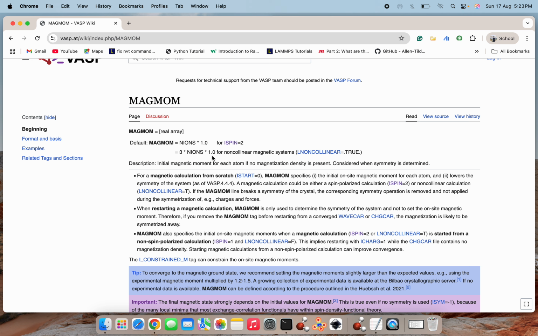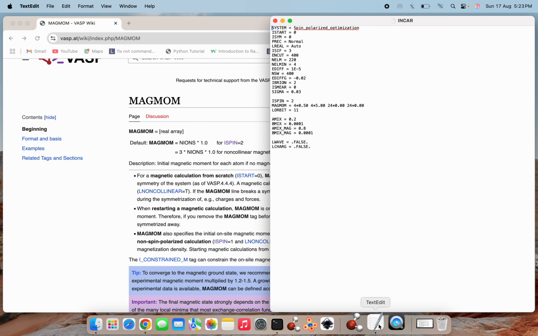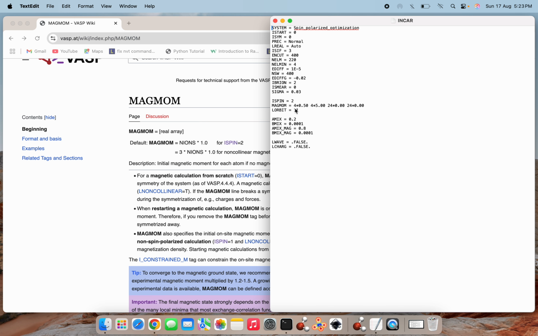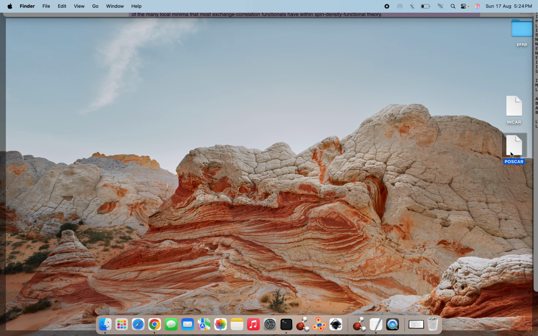So here it is a little bit difficult to understand, but I can show you what I have written here. You can see this 4 is nothing but the number of atoms present for the particular type. Okay, before that I can also show you the POSCAR.